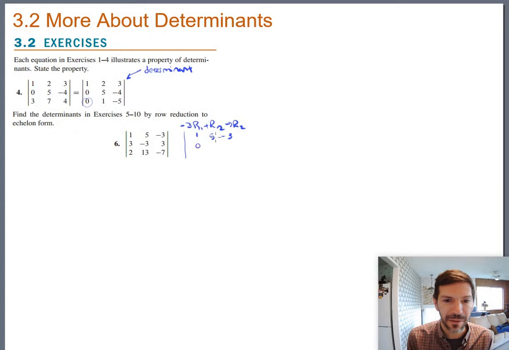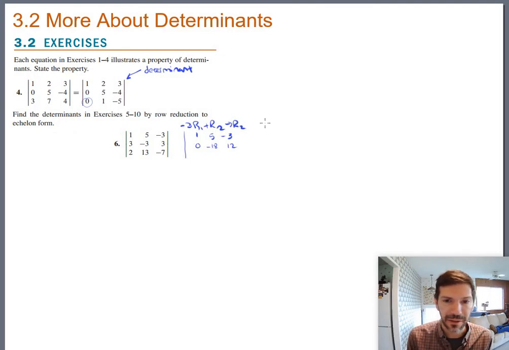We'll get 0. See, -15 plus -3 is -18, and 9 plus 3 is 12. So far I haven't changed the determinant because I just added a multiple of one row to another row, and I'm going to do that again for the third row.